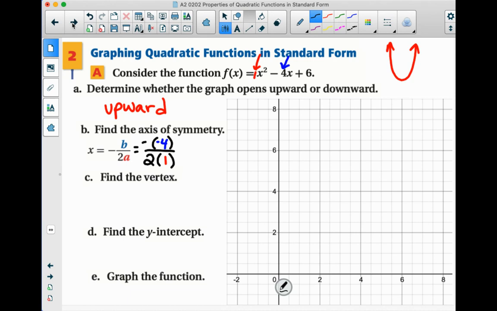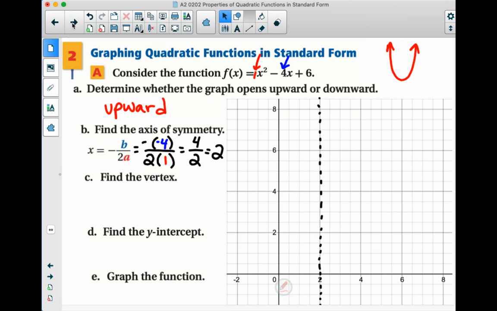So again, earlier I said opposite of b, which is kind of a good way to think about this, because this is negative 4, which the opposite of negative 4 would become positive 4. Denominator 2 times 1 is 2. 4 divided by 2 is 2. So this is going to be the line that perfectly divides our graph in half.